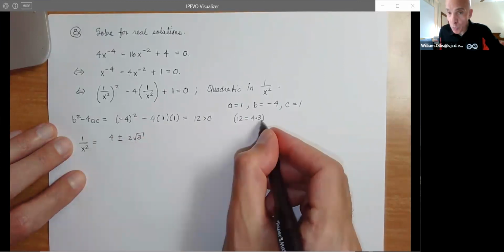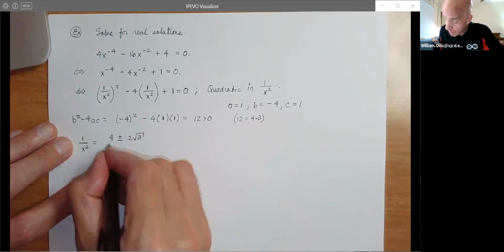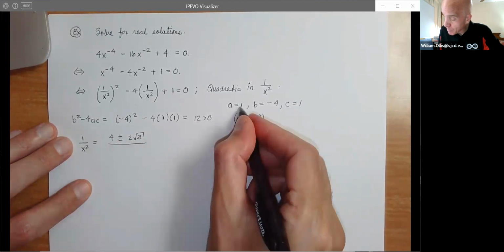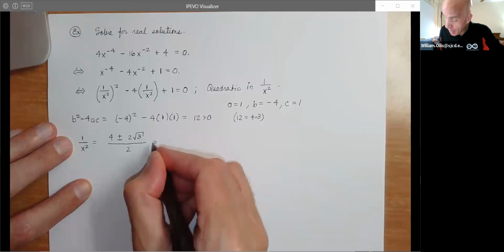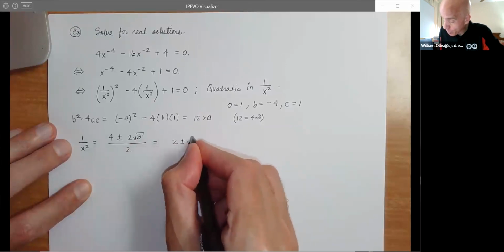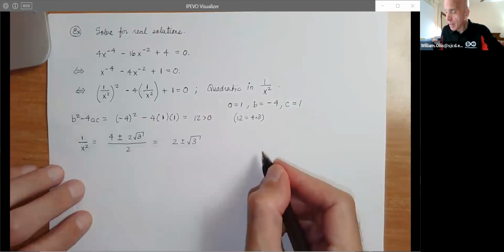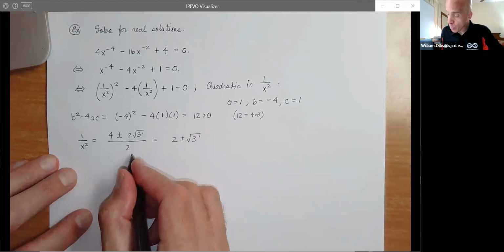We get 2. The 3 stays behind under the radical, divided by 2 times a, 2 times 1, which is 2. Divide everything by 2. 2 plus or minus the square root of 3. Now, this is good because the next step will just be the square root property.